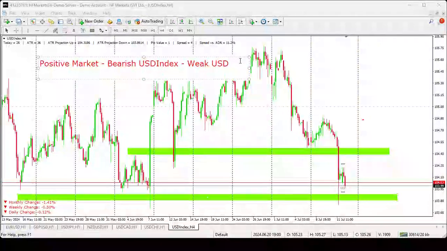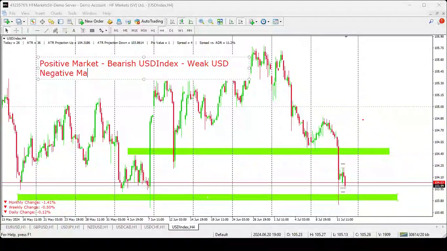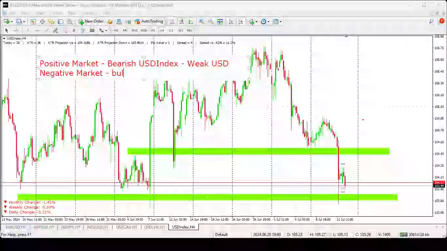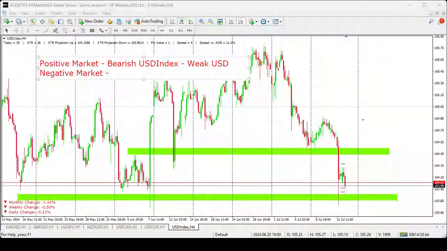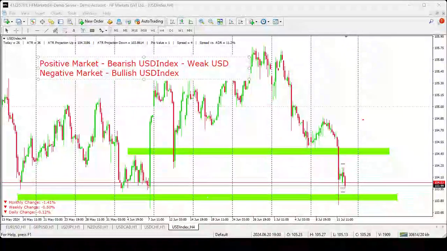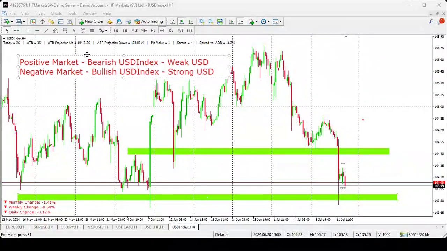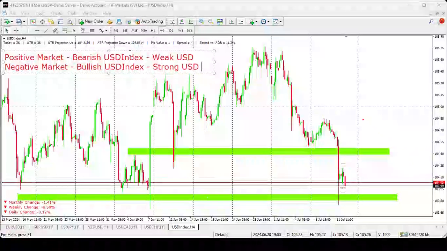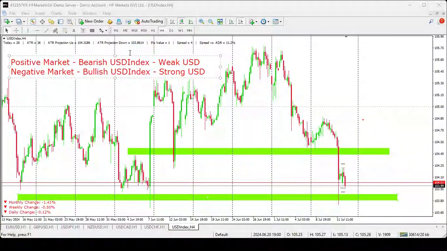But on the opposite end, when we have a really nice risk off, we can expect a bullish USD index. We should offer you a strong US dollar. So this is how sentiment naturally interacts with the dollar and the USD index.